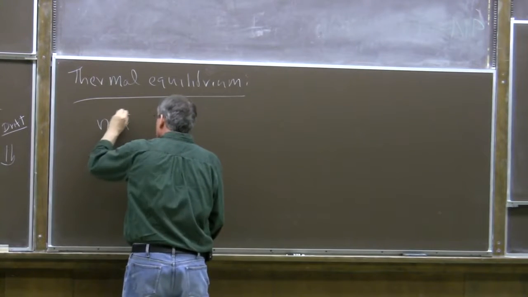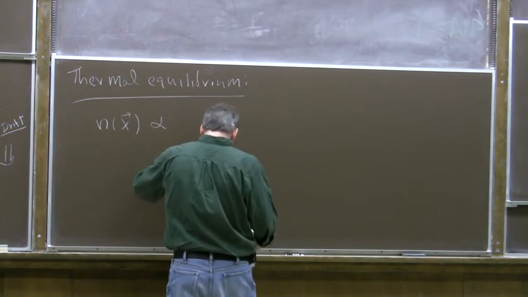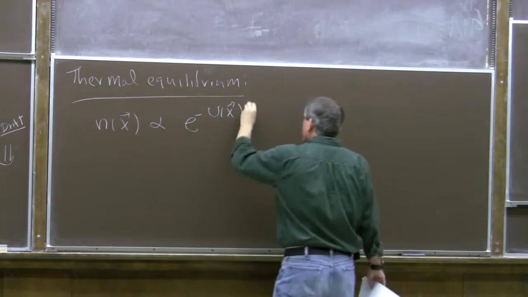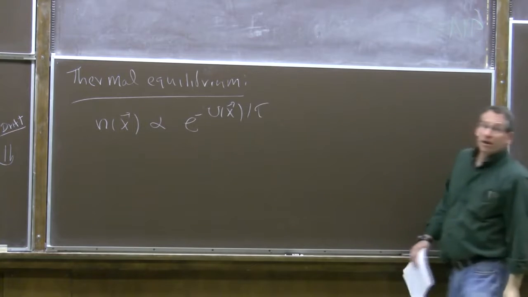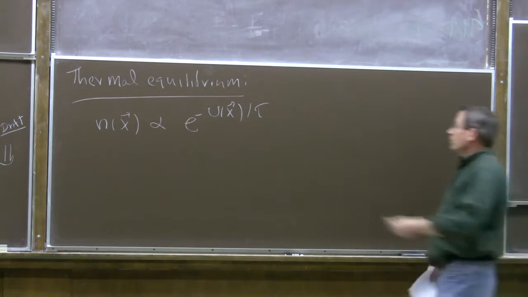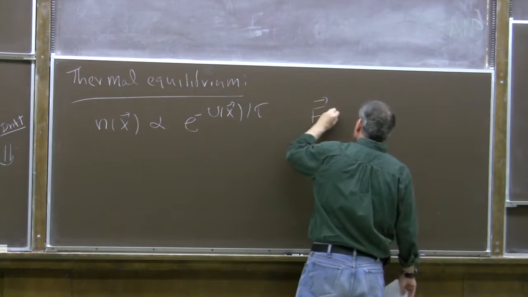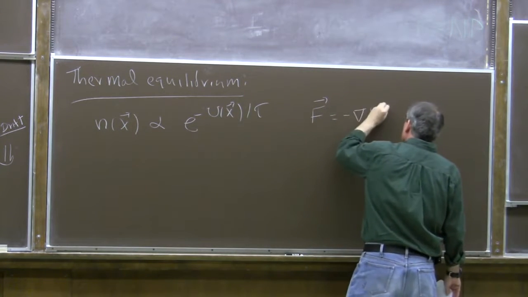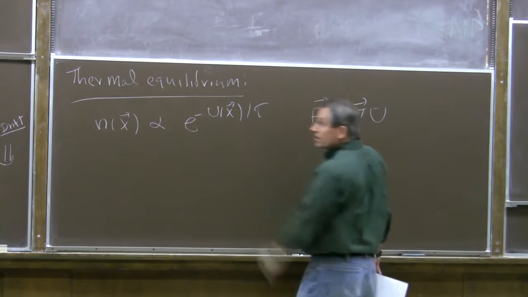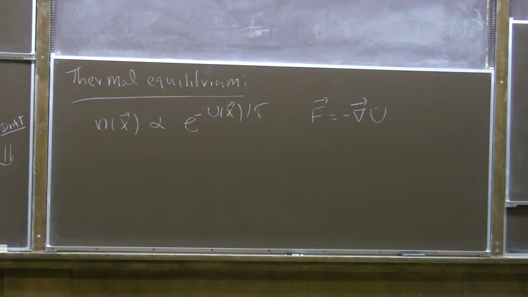Concentration proportional to the Boltzmann factor associated with the conservative potential that produces the force. In other words, the force being applied to the particles is minus the gradient of this potential. And in equilibrium, the probability of a particle being in a position should be proportional to the Boltzmann factor with the energy being determined by the potential.